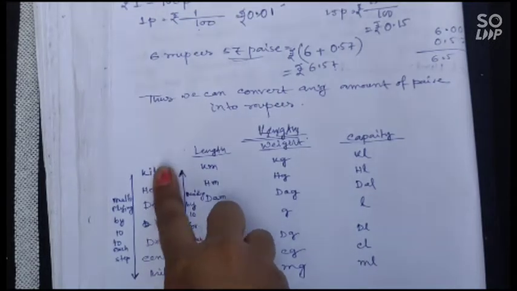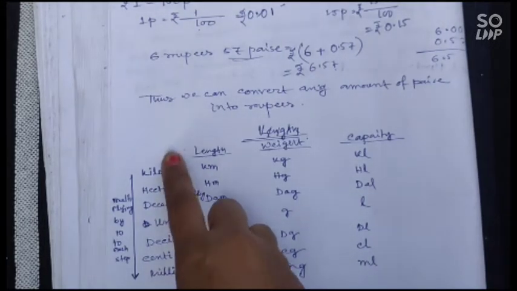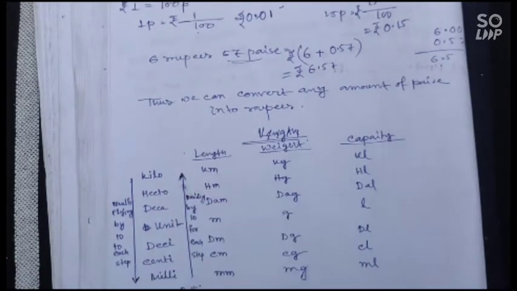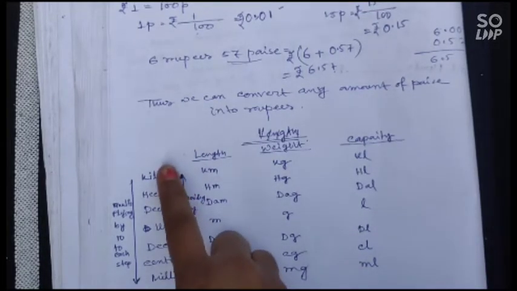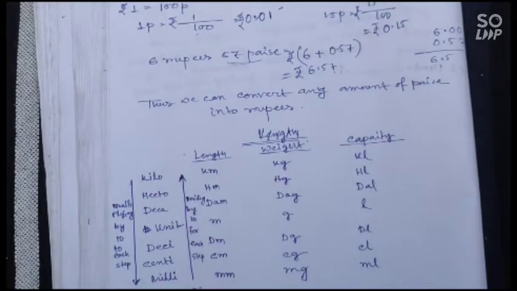That means to come from kilo to hecto, we have to multiply by 10. Now if I ask you kilo to deci, if we need to go from kilo to deci, what do you need to do?